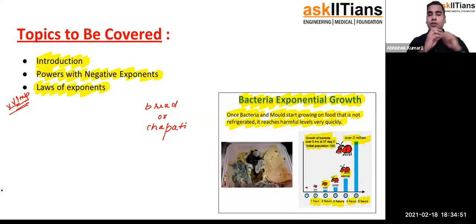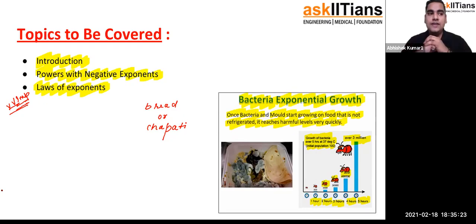You leave it as it is, you don't touch it, and come back the very next day after 24 hours and see what the increase in the number is. Is the increase in the number of bacteria slow, or are they increasing very rapidly? You will see that the number of bacteria will increase very fast, and that increase in the number of bacteria or mold, we say, is an exponential increase.